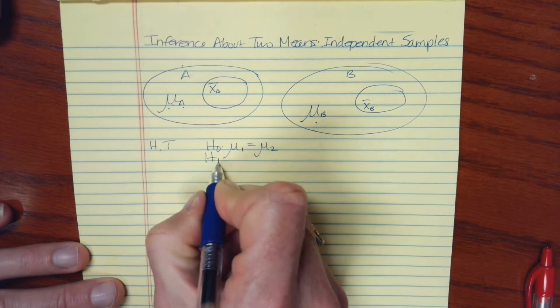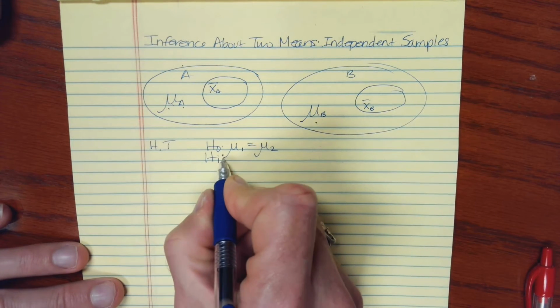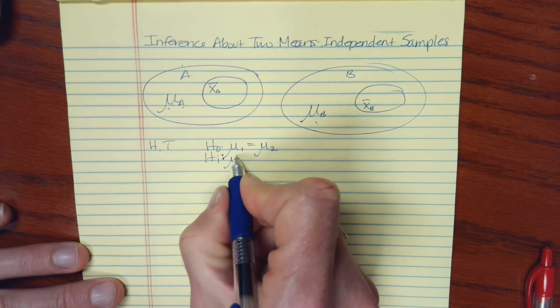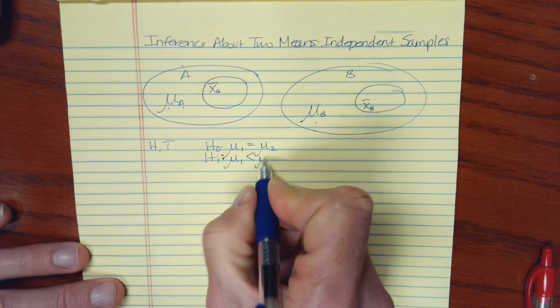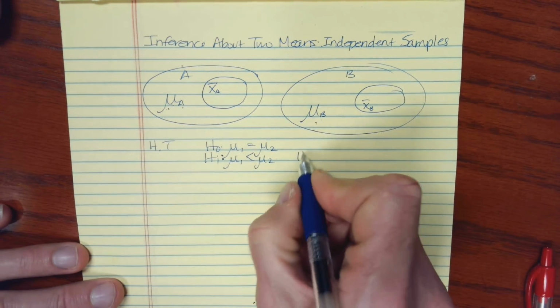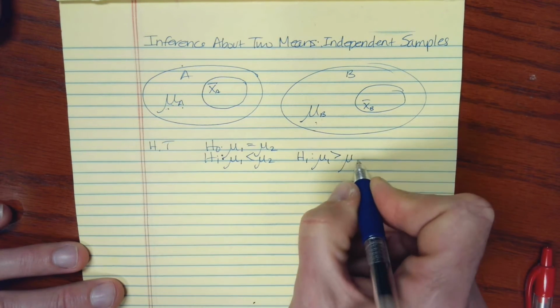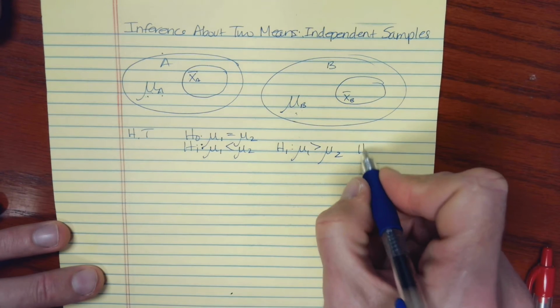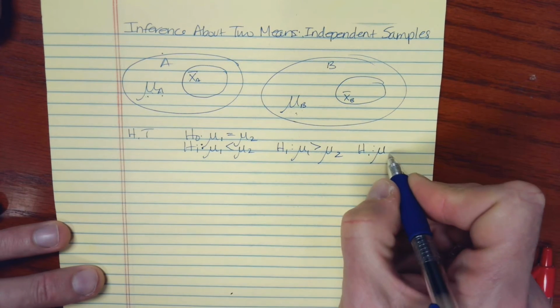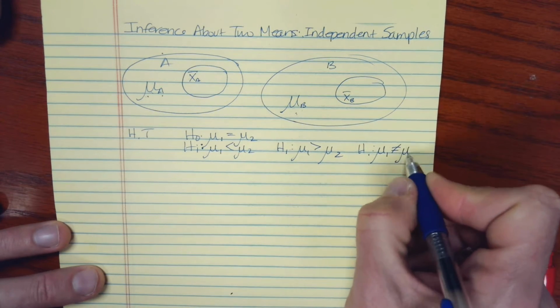The alternative hypothesis could take on one of three forms. Either the first one is less than the second. You could have the first one is greater than the second, or alternatively, you might say that the mean in the first differs from the mean in the second.